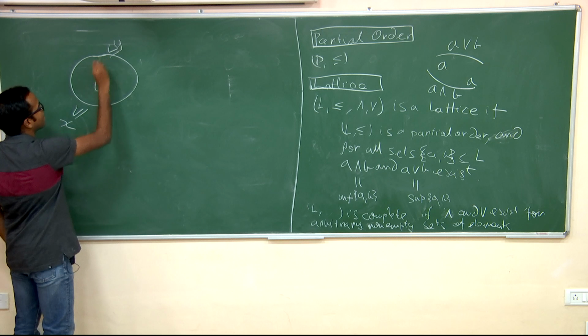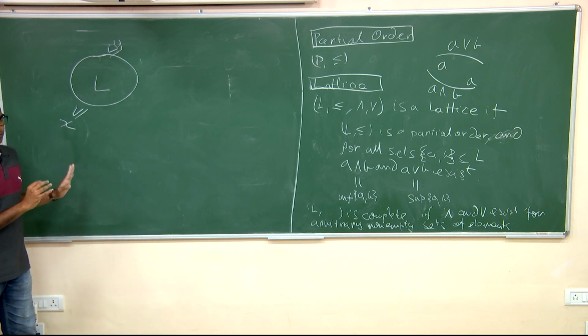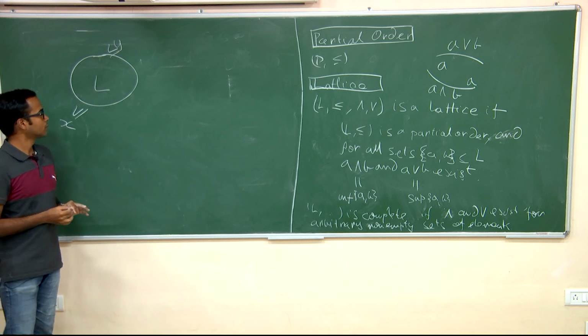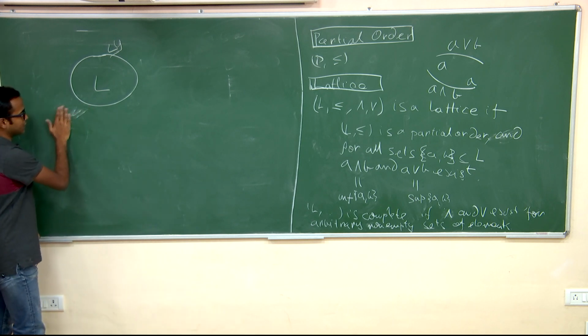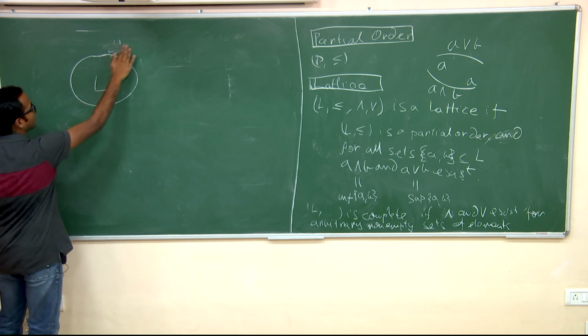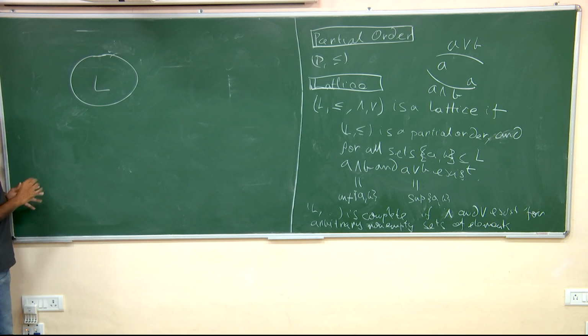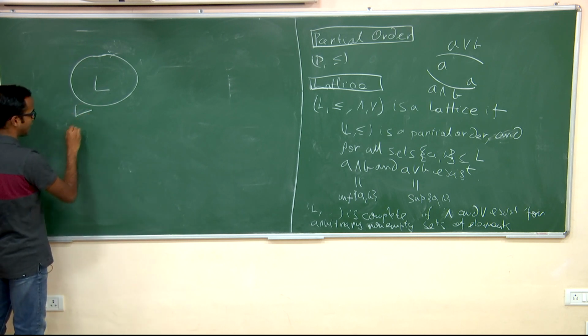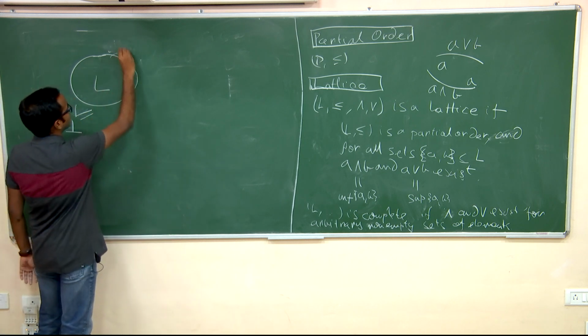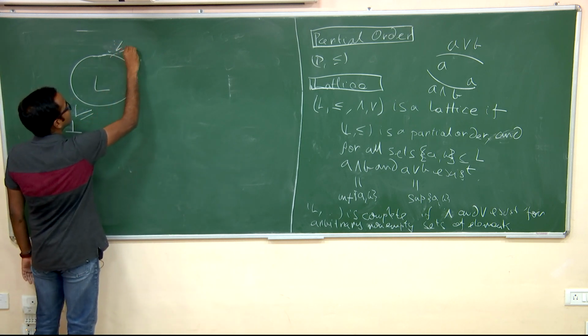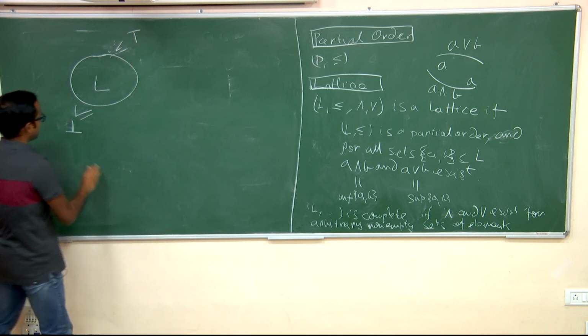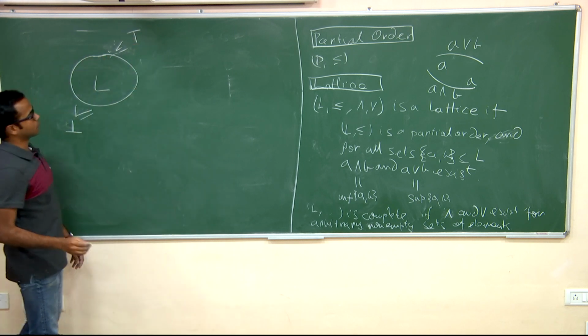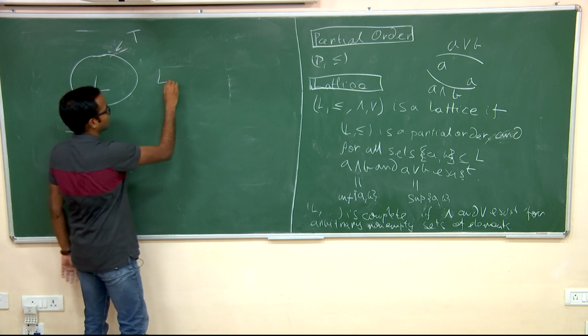Now this case might not always happen. These elements might not exist, but we can always add two extra elements and extend the partial order on this extended set, such that this is the lower bound and that is the upper bound. So we can always perform this operation.